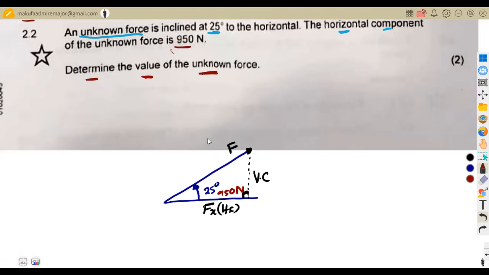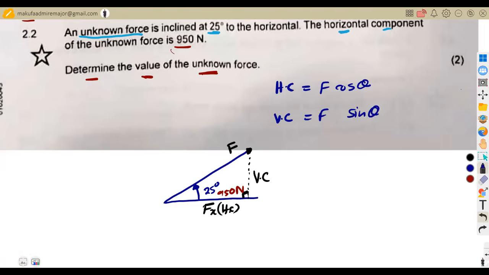You are simply going to ask yourself, how are you supposed to determine this horizontal component in the first place? Remember, the horizontal component is given as the force that you have here, cos of theta. If you are talking about the vertical component, it is the force times the sine of theta.